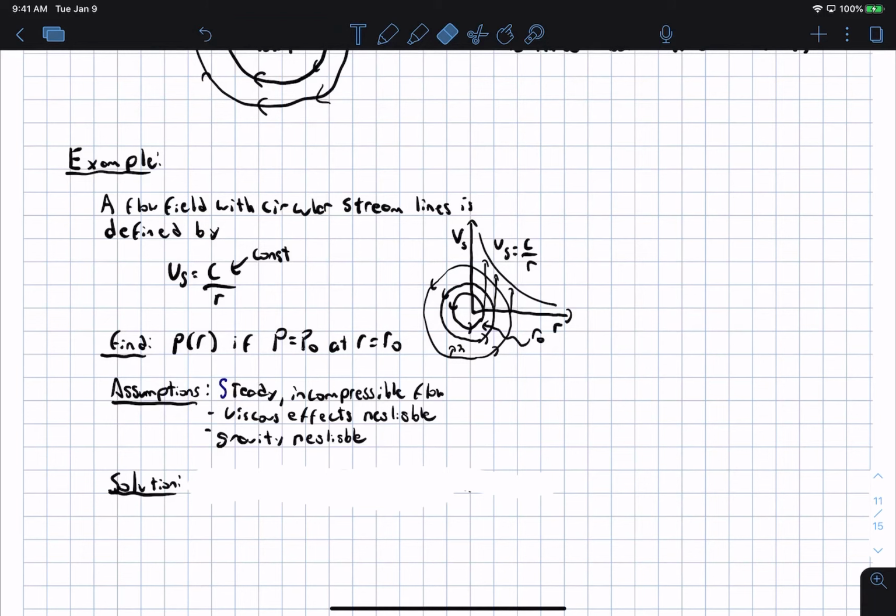And also we are going across streamlines, so F equals ma across streamlines is valid.